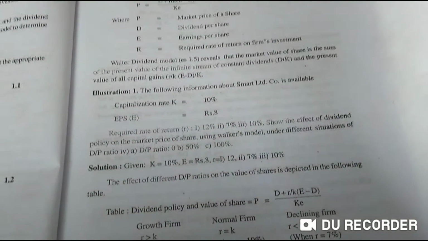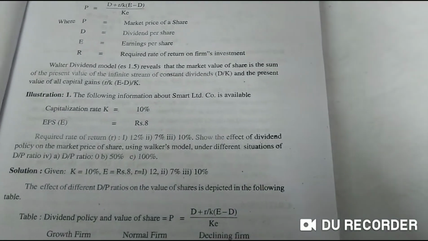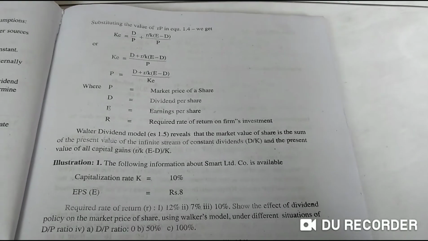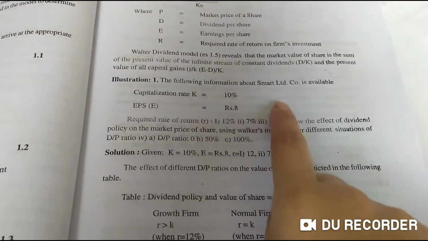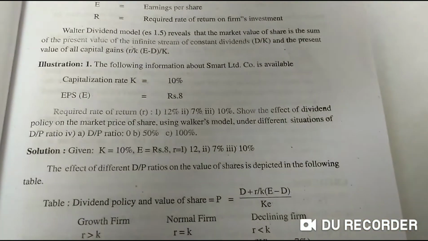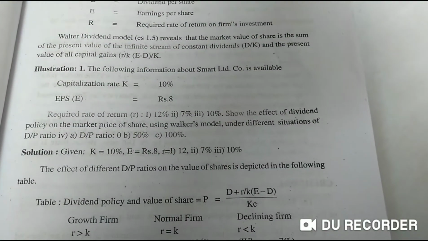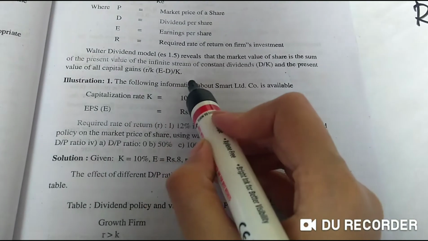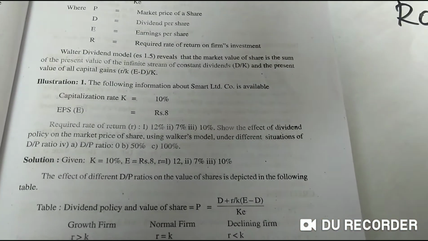Before we get into the problem, I'll tell you one more thing. Here you will have 3 types of firms. You are given 3 values of rate of return: 12%, 10% and 7%. But your K, capitalization rate, is 10%.